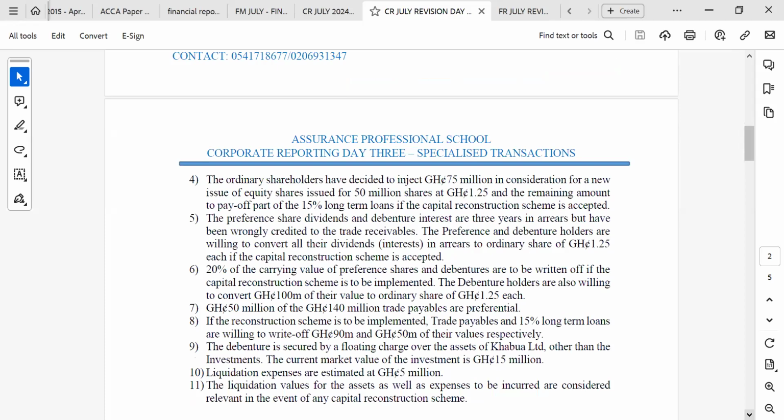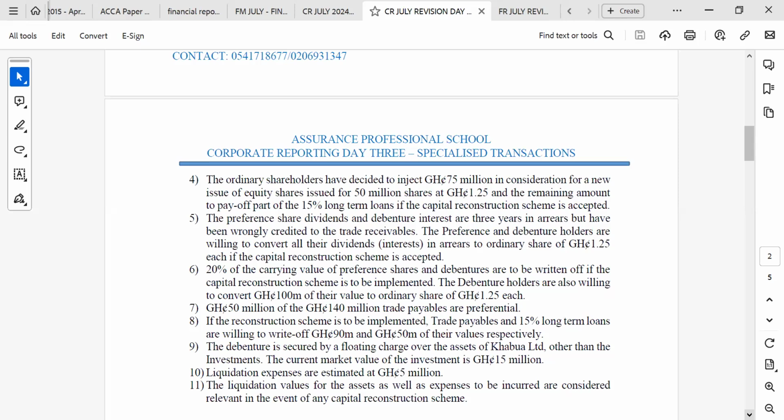50 million Ghana cedis of the 140 million Ghana cedis trade payables are preferential. We have done that already. That is for liquidation, yeah. Okay. If the reconstruction scheme is to be implemented, trade payables and 15% long-term loans are willing to write off 90 million Ghana cedis and 50 million Ghana cedis of their values respectively. So this will be a reduction in liability, isn't it?